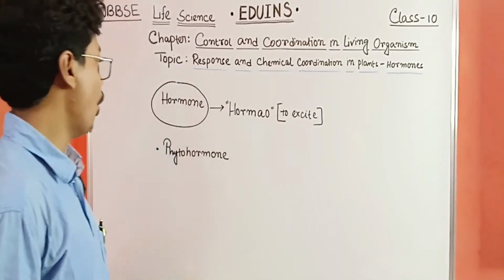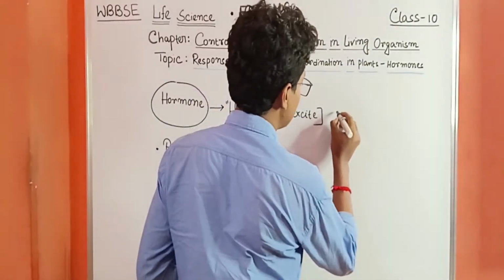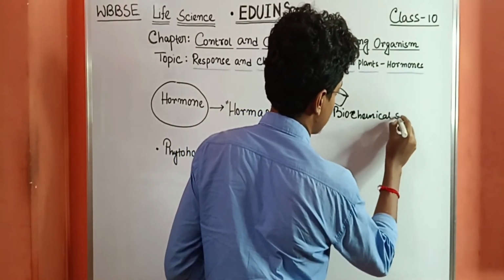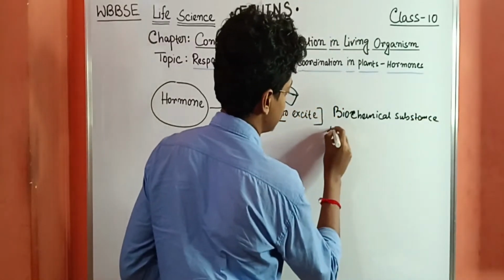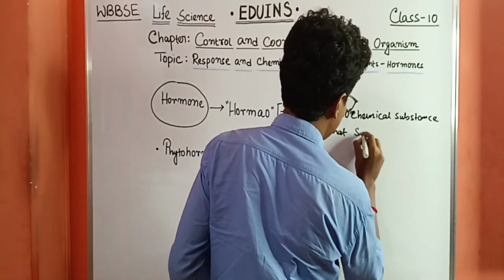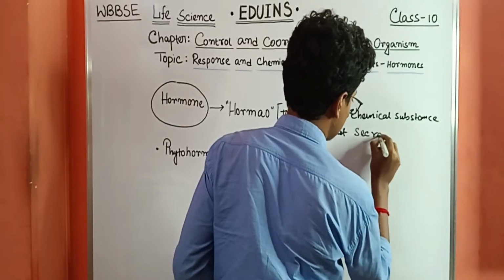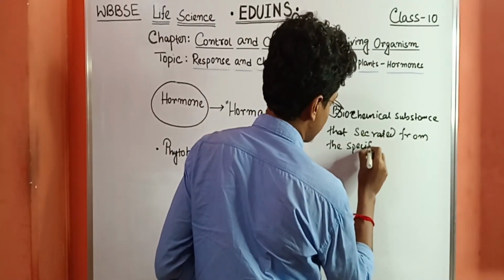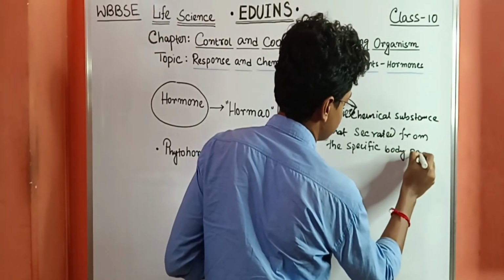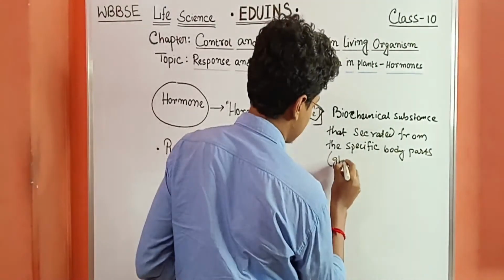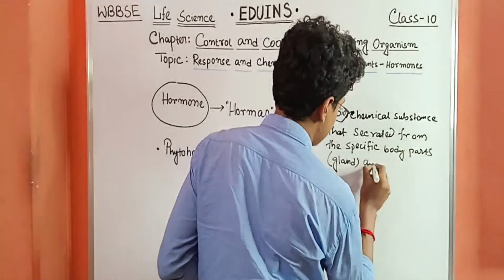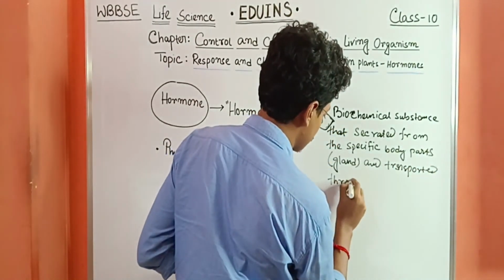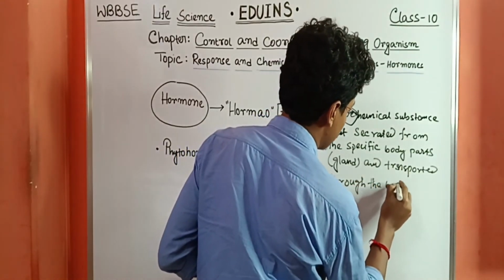So what is a hormone? A hormone is a biochemical substance that is secreted from specific body parts known as glands and transported through the body fluid.